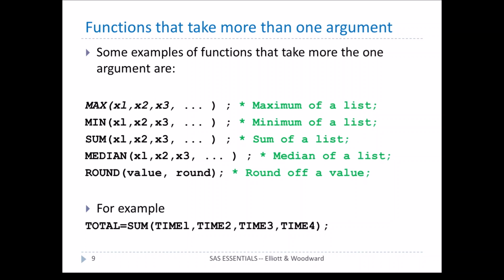The median is going to find the median of a list, and the round is going to round off a value according to, as we're going to see a little bit later, some number of decimal places. Here's an example. Total equals sum(time1, time2, time3, time4). What that's going to do is sum up all those four values for a particular record and then return it to the variable total.